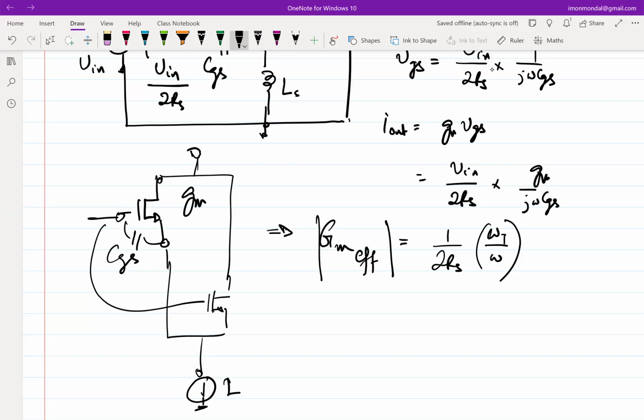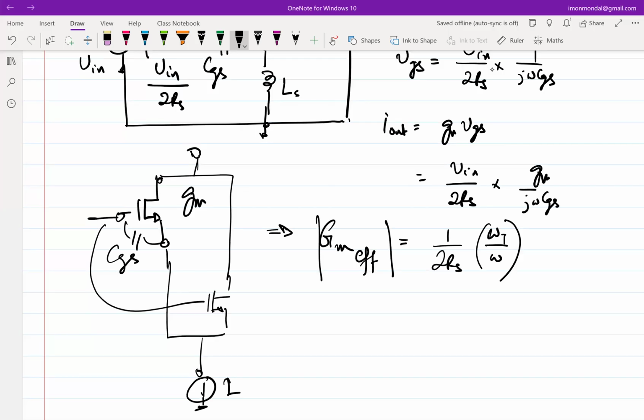I presume that you are using that formula ID over V overdrive. But what is assumed in that formula? Something else is assumed. No, it's a square law, sure. But if you keep current constant and you keep W by L constant, then you decrease the V overdrive, is current constant? Right? So there are three things: W by L, current, and overdrive.